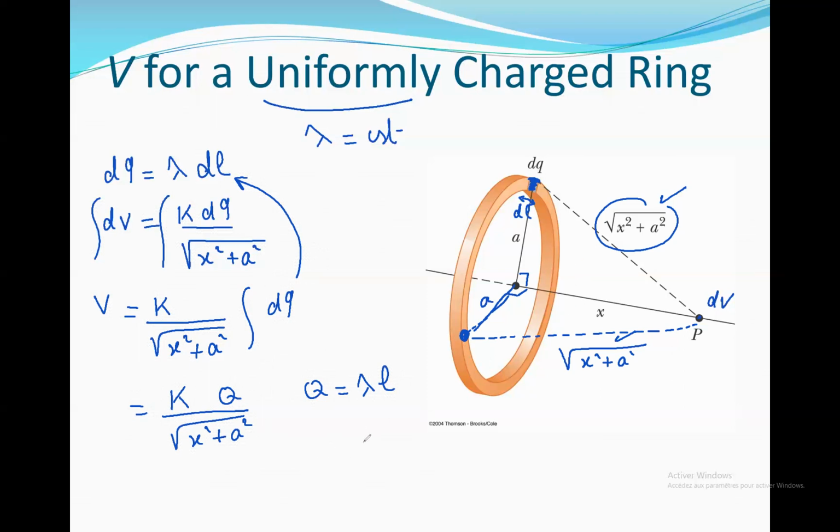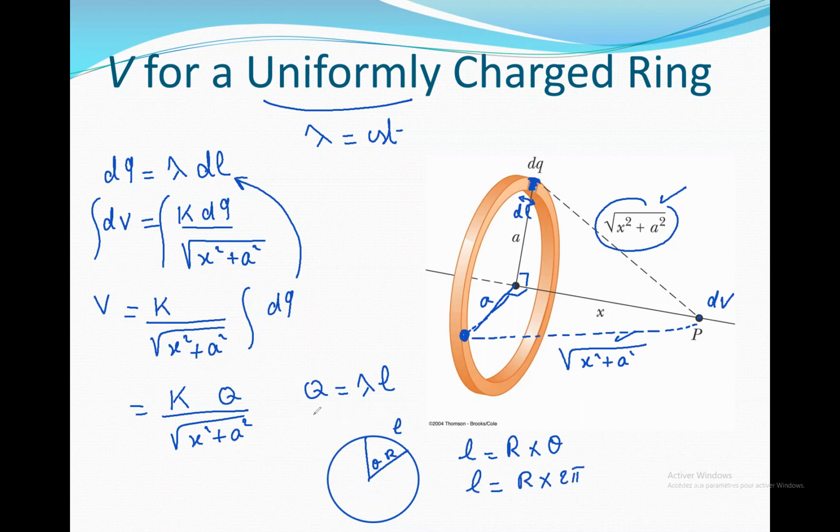Okay, if you want, you can say here, in this case, if we have a small L equals R times theta. So L equals R times theta. If L is the total ring, so the angle theta equals 2 pi. So in this case, L equals R times 2 pi. Okay, all the circle.